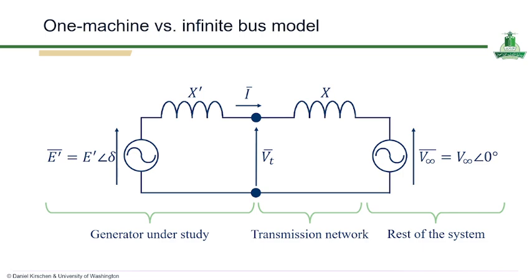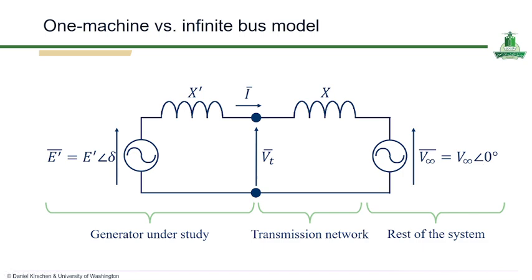The generator under study is modeled by its internal voltage E prime with angle delta behind the transient reactance X prime, while the transmission network is represented by an equivalent reactance X. The generator supplies current I to an infinite bus, which maintains a constant voltage V infinity with an angle of zero, regardless of the system disturbances.